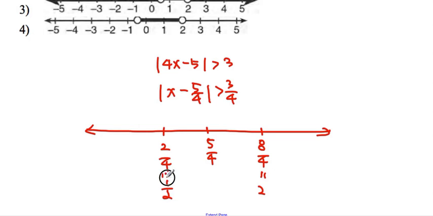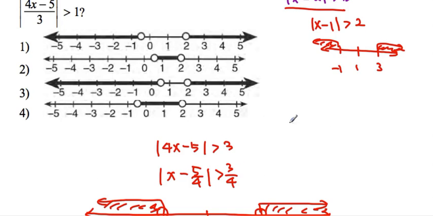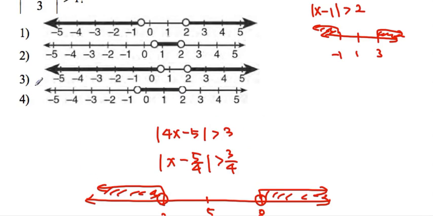That's what those values are equal to. But since I don't have any underlines, I'm going to have open circles here. And distance has to be greater, so I'm going out in both directions. Okay, so then here, what's my answer? Choice 3 seems to be our answer.